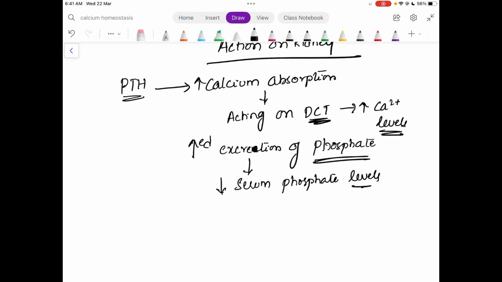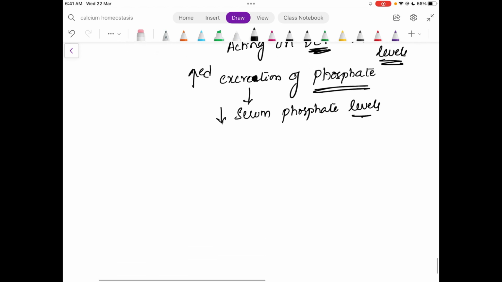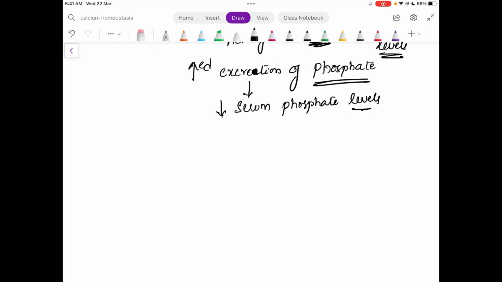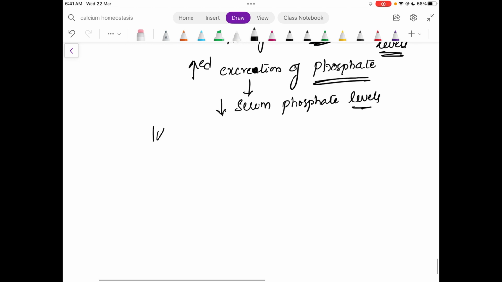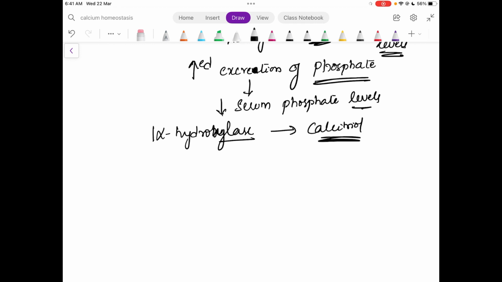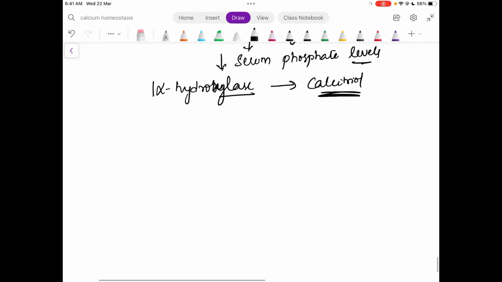Okay, whenever PTH acts on kidney, it increases absorption of calcium, and it decreases serum phosphate level by increased excretion of phosphate. And in kidney, they will activate the enzyme 1 alpha hydroxylase. This 1 alpha hydroxylase will help in formation of calcitriol.